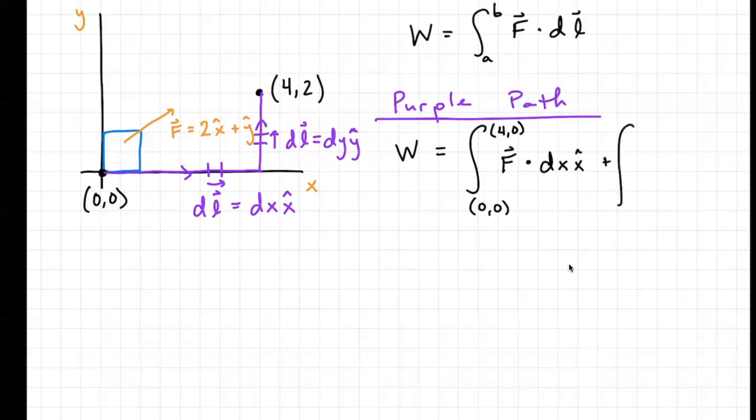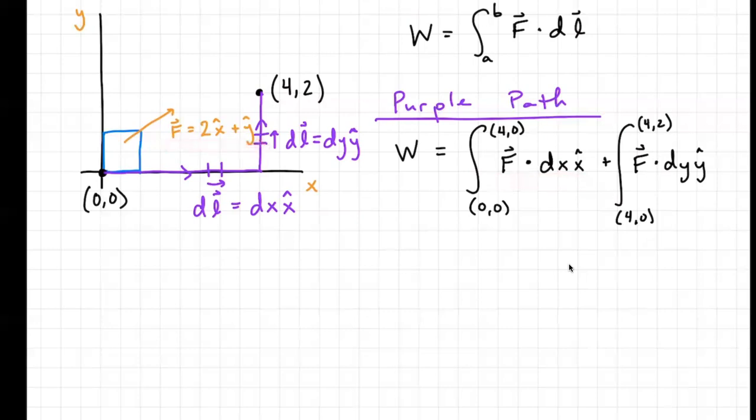And then we have another section of the path where we're going from (4, 0) to (4, 2), where we're taking F dotted with the path length vector there, dy y hat. Okay, this is something that we can actually make some progress on now, because this is an operation that we can do. We know what F is. We're given F as this vector.